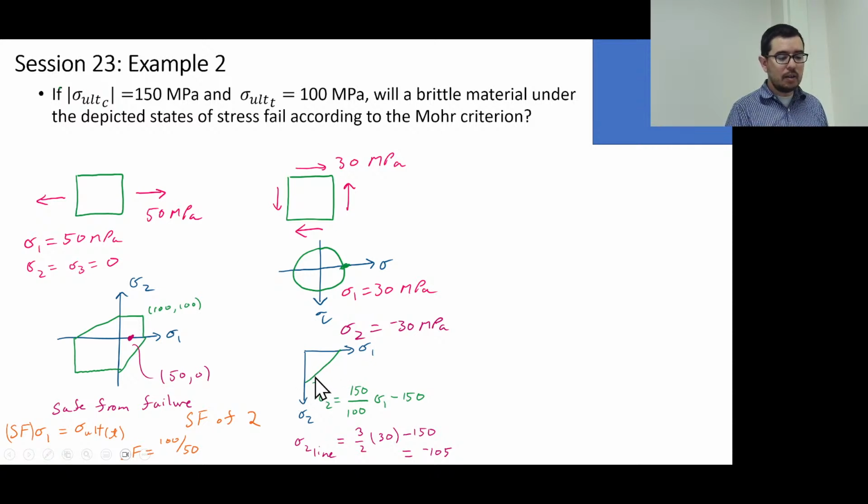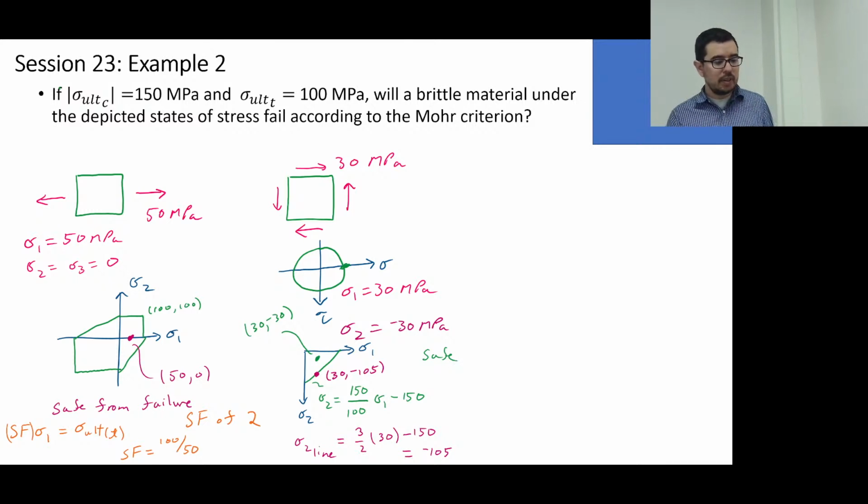So that point is 30 comma minus 105 at the location here. But in my operating case, sigma 2 is minus 30 megapascals. So is my operating point in the envelope or outside the envelope? It's in the envelope. So I'm going to be fine. All right, so this is safe.